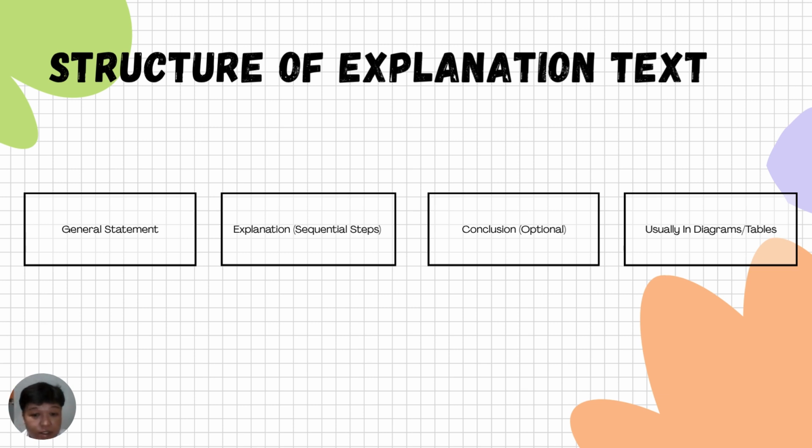There is an explanation of how rain happens, and there are also steps of how it occurs. And then the conclusion, it is the summary of the whole text. And the last one is usually in diagrams or tables. Okay, let's move on to the next slide.